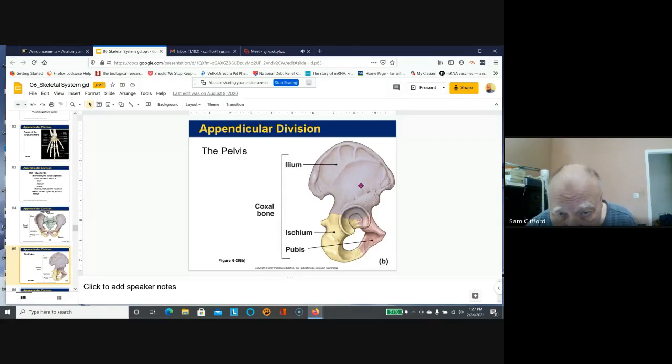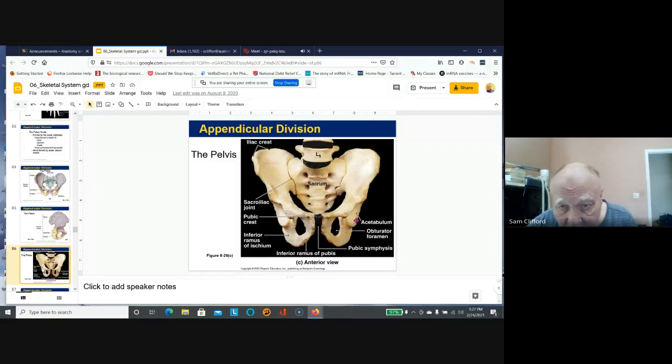You can look at this view of the pelvis, the three parts: the ilium, the ischium, and the pubis. This is the acetabulum where your femur articulates with the hip or the pelvis. Again, we'll have general knowledge of these bones. The ones you have to know will be in WebAssign.